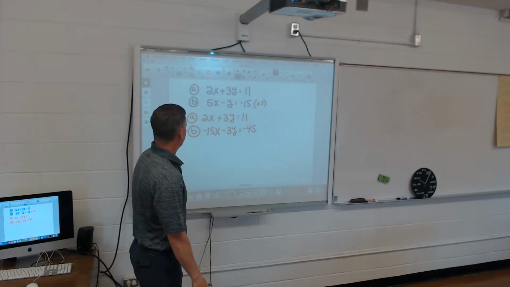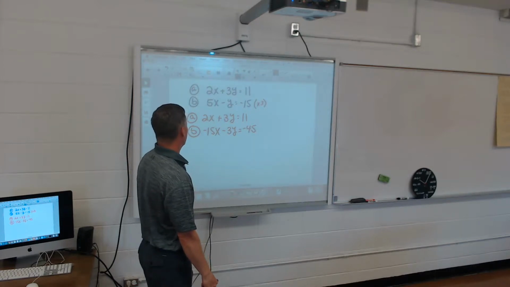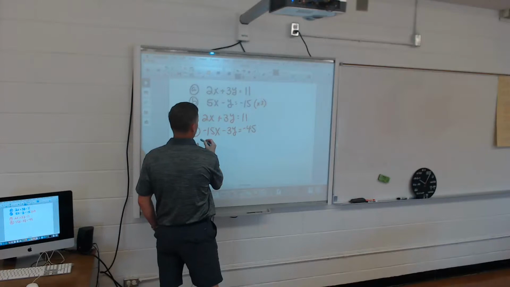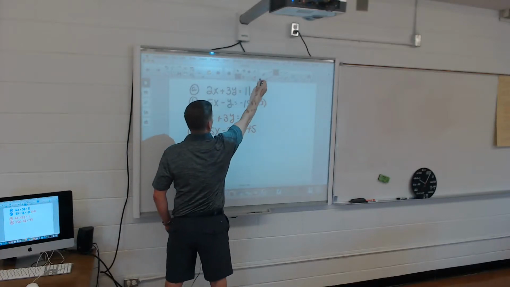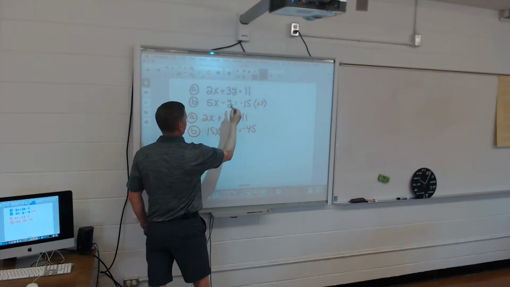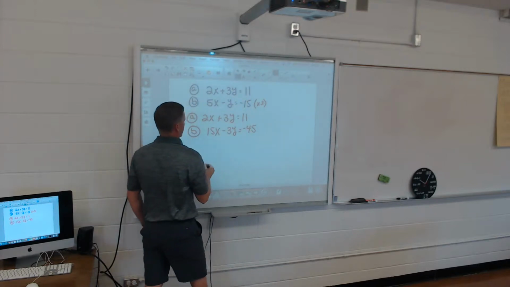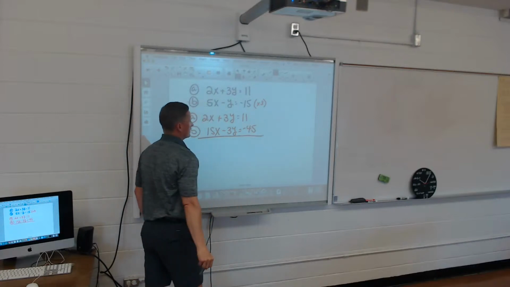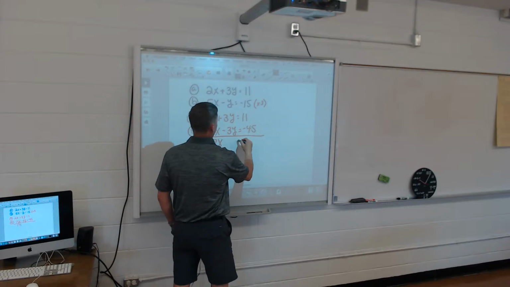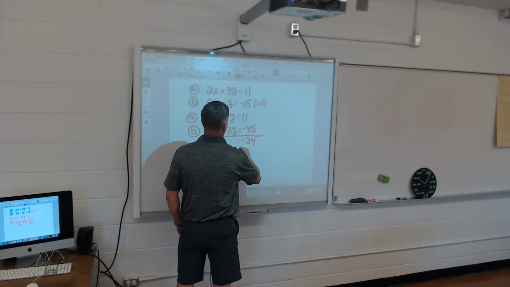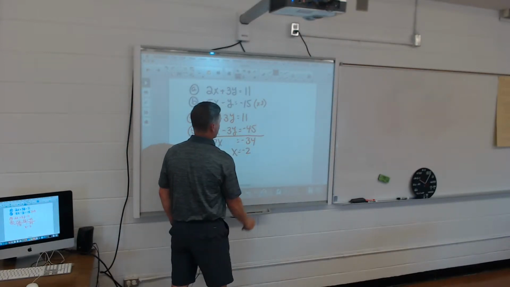Okay? Add those together. I feel like I got an error here somewhere. Oh, there's no negative there. Sorry. You got an error. Okay, so it's 15x. So now, line underneath, 17x equals minus 34. X equals negative 2.